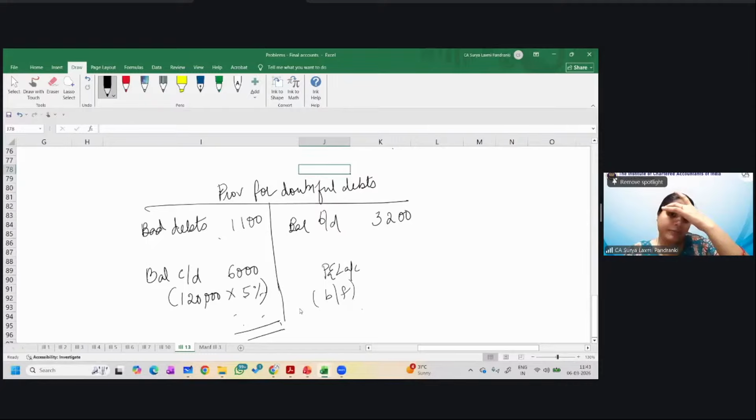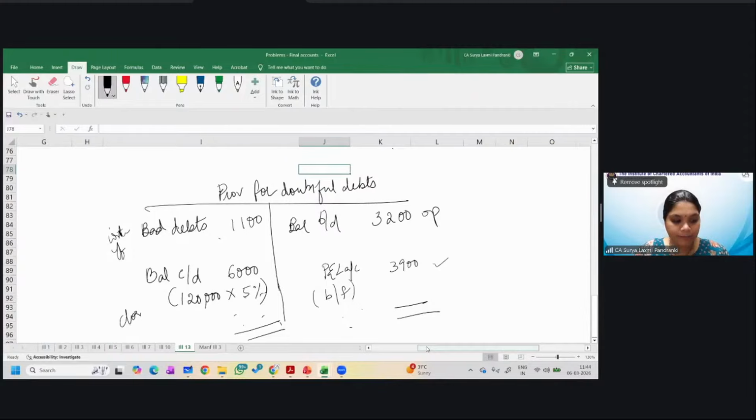Calculate the balancing figure. 3,900. Most of you gave that. So this is the opening balance, this is the closing balance. Any bad debts written off will also be entered in the account, and the balancing figure will go to the P&L statement. The provision for this year that we have to create is 3,900.